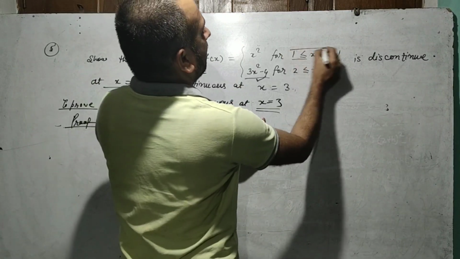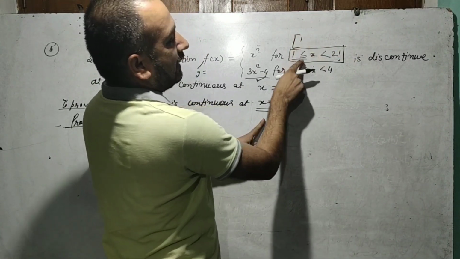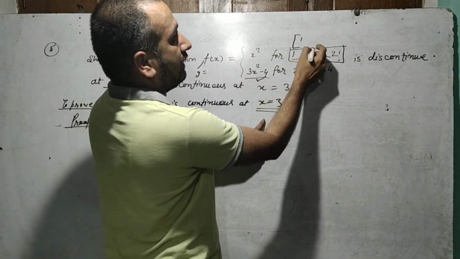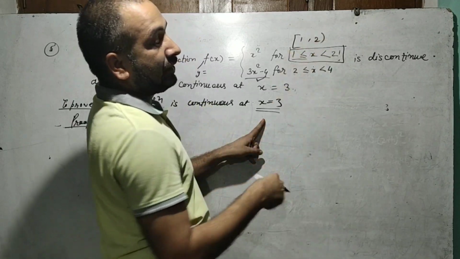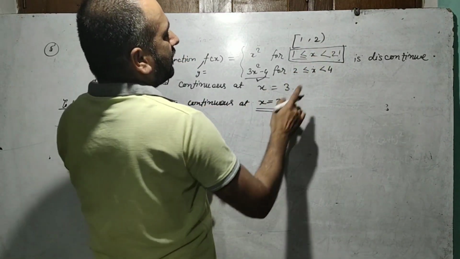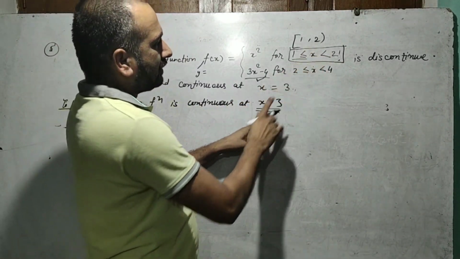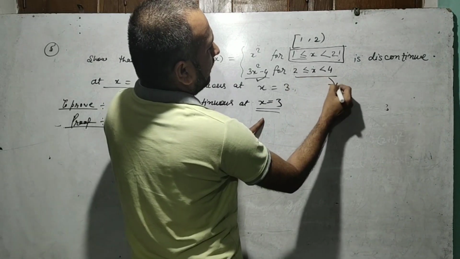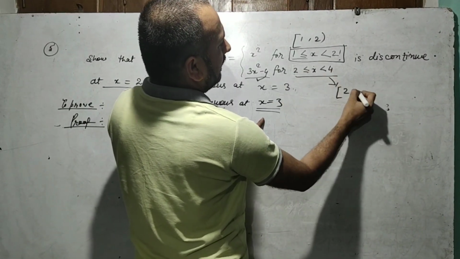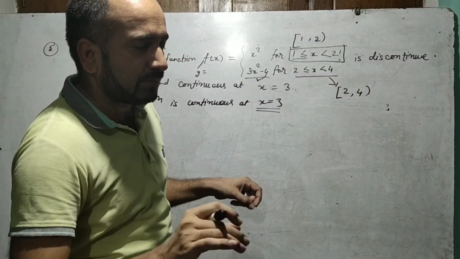At this interval, 1 is a closed interval because the value of x can be 1, and 2 is an open interval because x is not equal to 2. This means 3 does not belong to this interval. Now let's check the other interval: closed at 2 and open at 4.